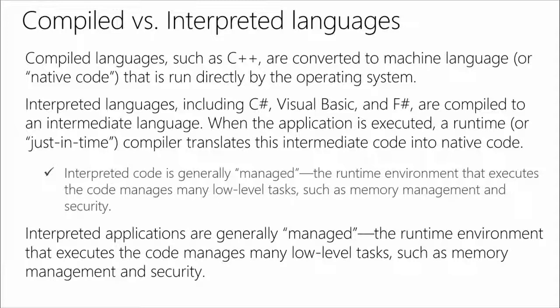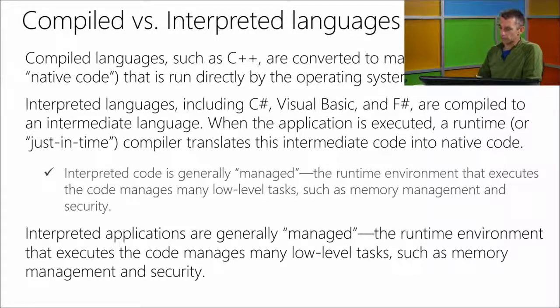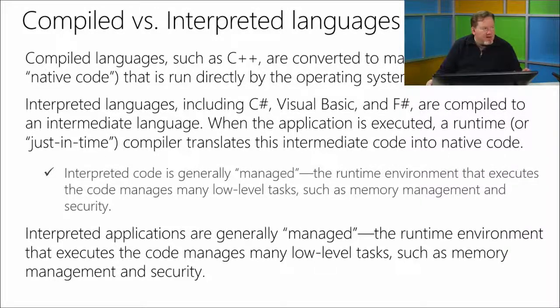So Eric, tell me a little bit more about the interpreted applications and how they're managed. Right. So the important thing to understand about the interpreted applications like C#, for example, is C# is compiled and then it's translated by the intermediate language. So it manages many of the different low-level tasks, such as memory management, security, and some of the other types of basis of the operating system, correct? That's right. Yeah. Okay.